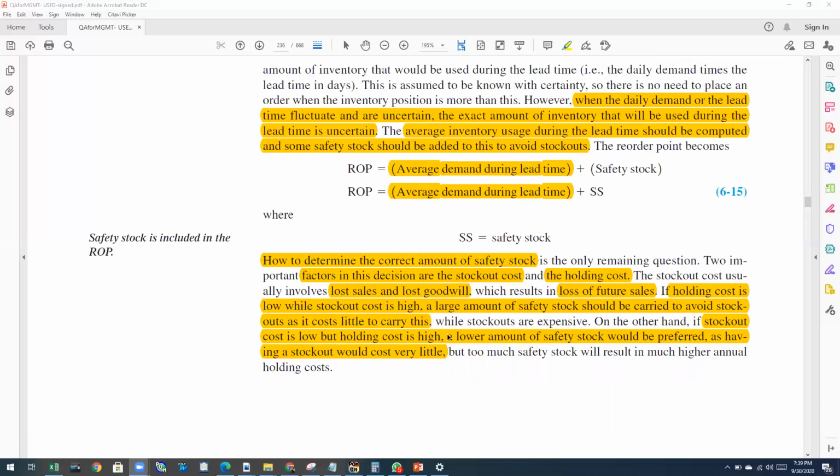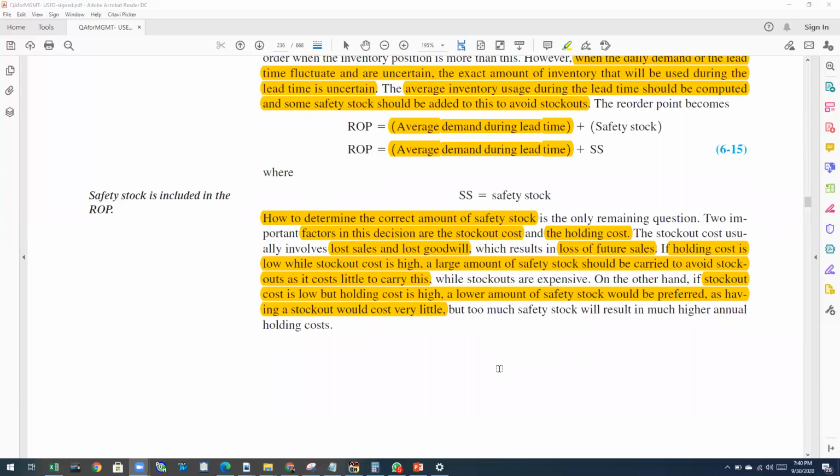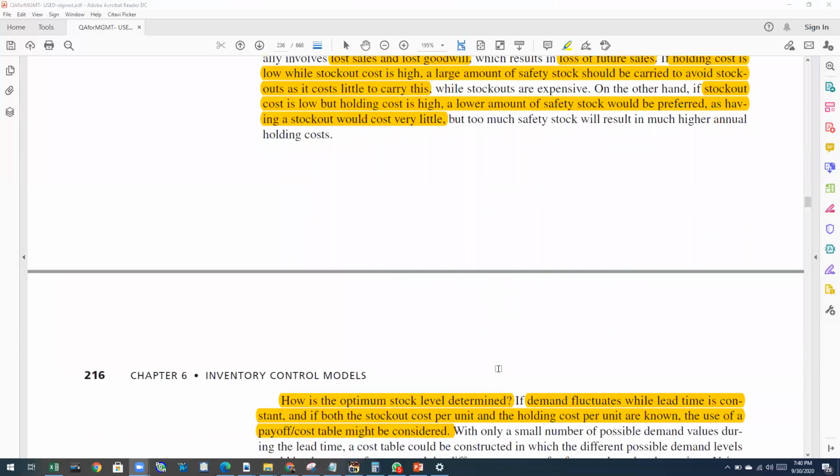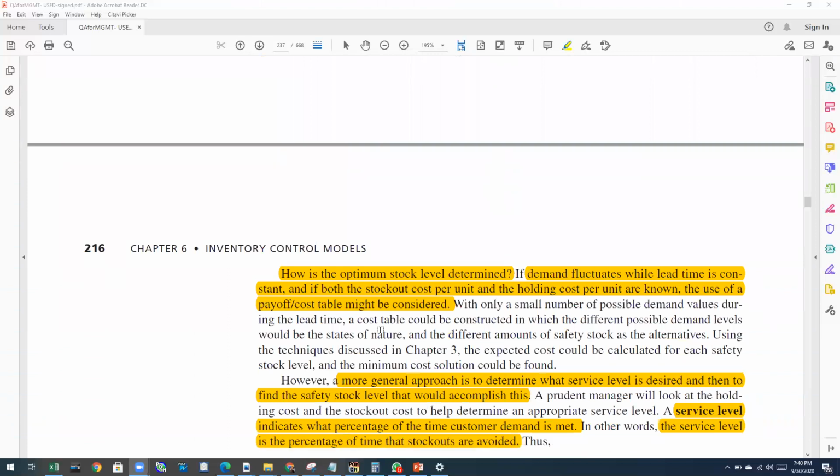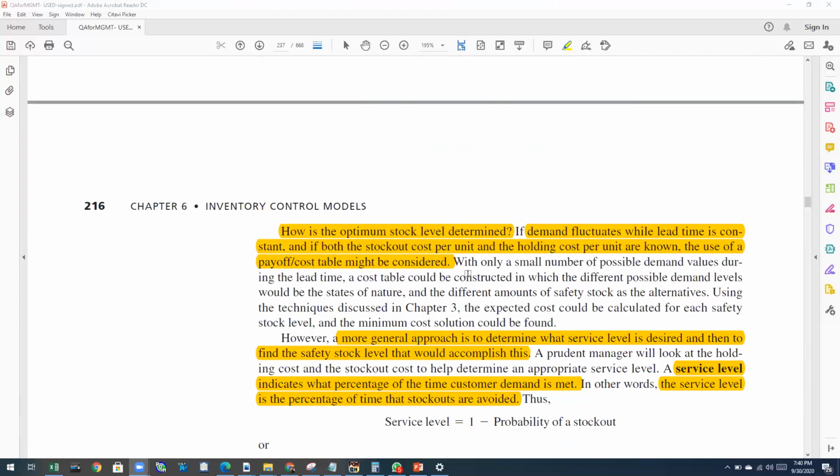However, if stock out cost is low but holding cost is high, then carrying a lower amount of safety stock would be preferred because the carrying cost is too much. How do we determine the optimum level?